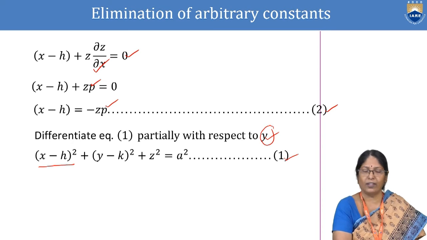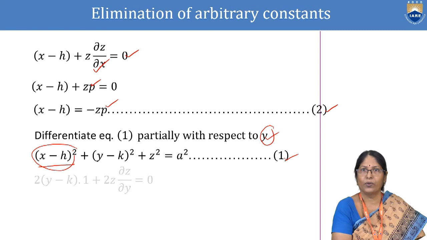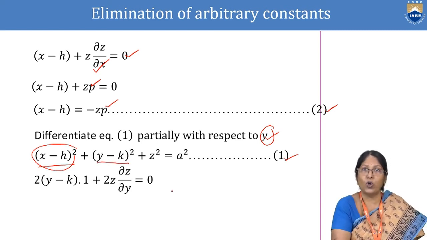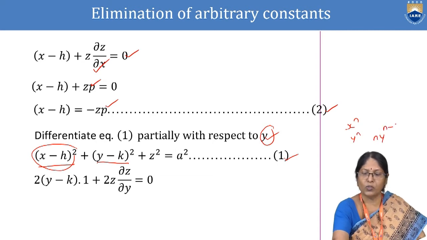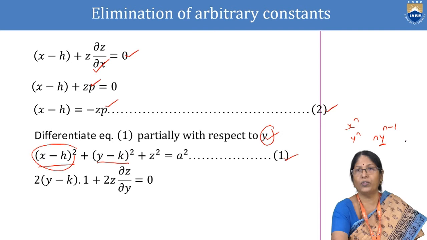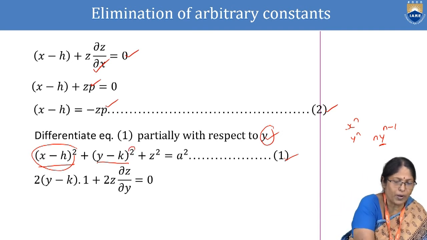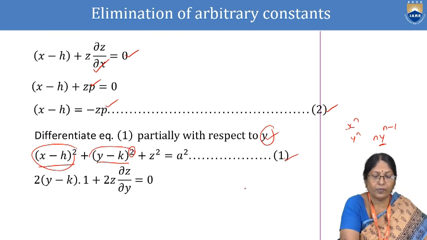So now this is becoming totally 0. Here, y minus k the whole square. We know the formula: x power n or y power n, n y power n minus 1. Again, y we should differentiate. We can see here n is playing the role of 2, so it is coming here.